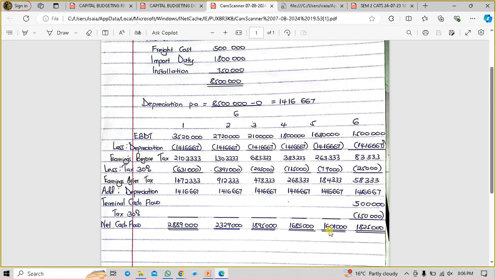Then whatever we will get, we will say minus the cost, which is 8.5.